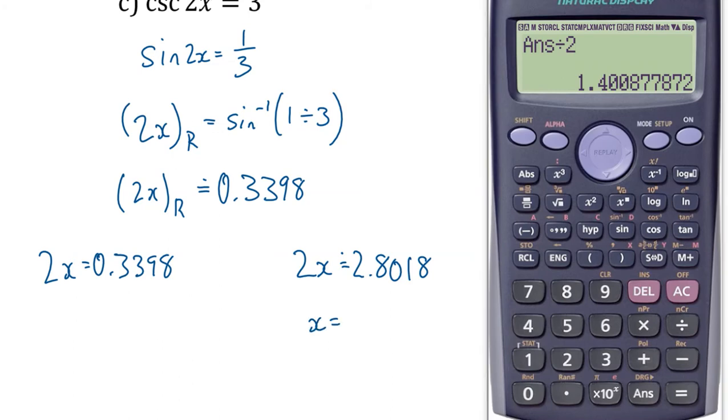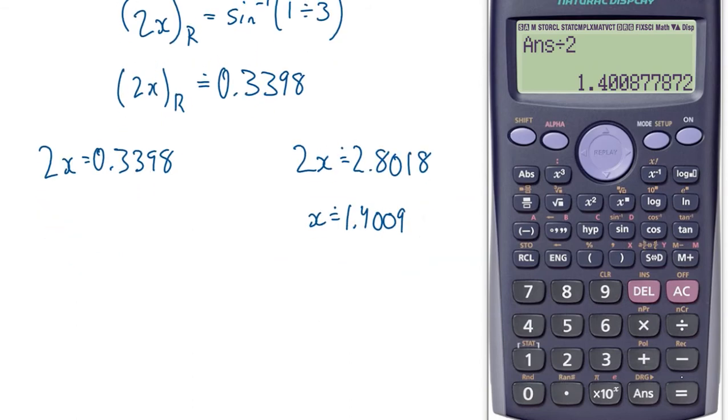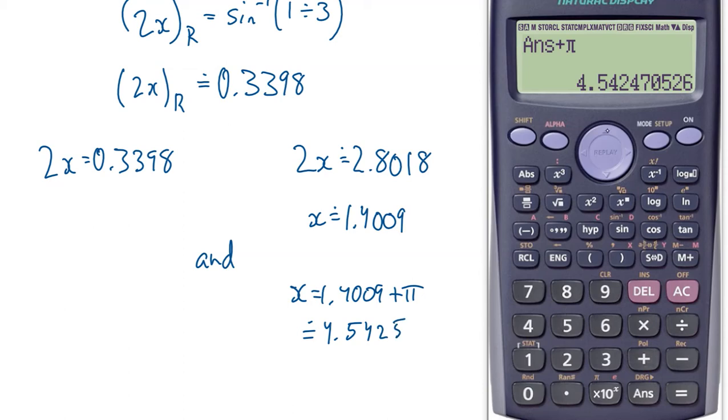So x is 1.4009 and x is going to be 1.4009 plus pi. So again, now I can just do plus pi. Then I got to get theta related back. And so now I've got my quadrant 1. I can divide by 2.